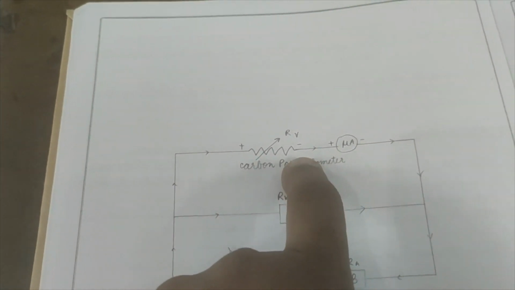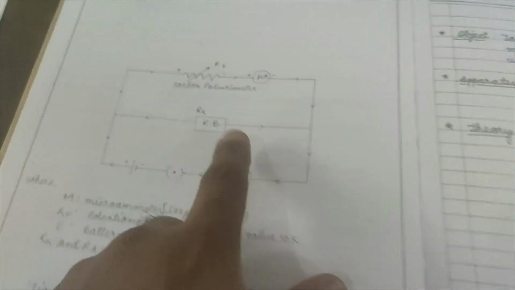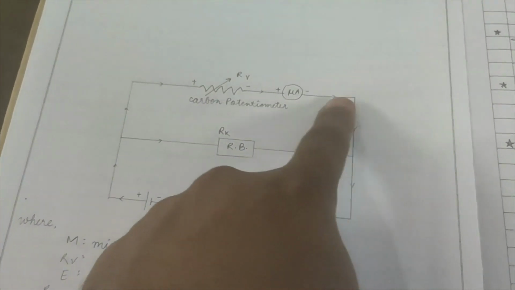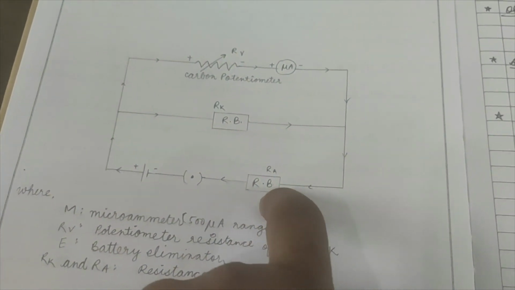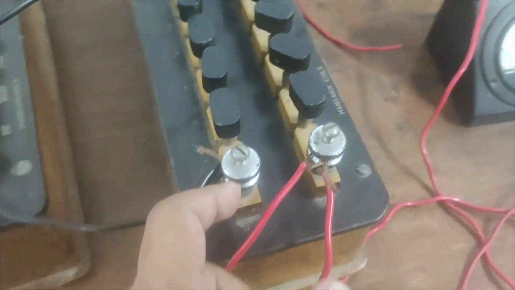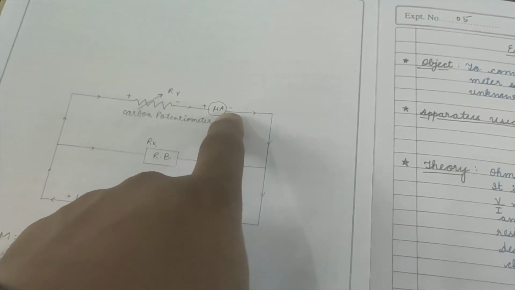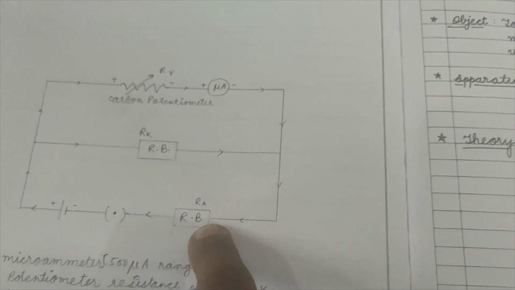Now the other terminal. Two wires come from here: one goes to the negative of the micro-ammeter, and the other goes to the other resistance box.